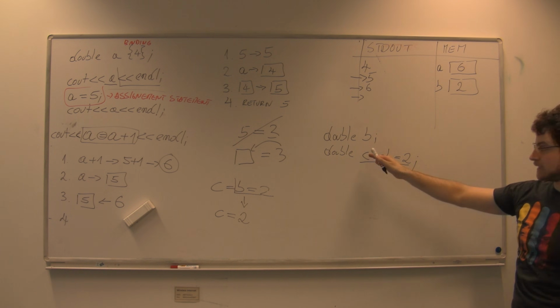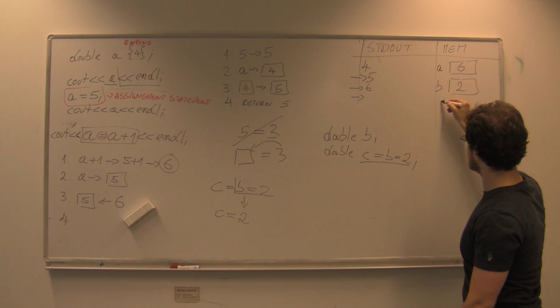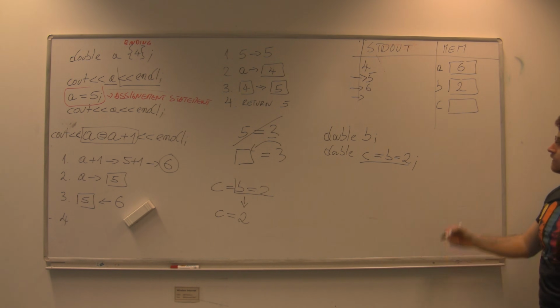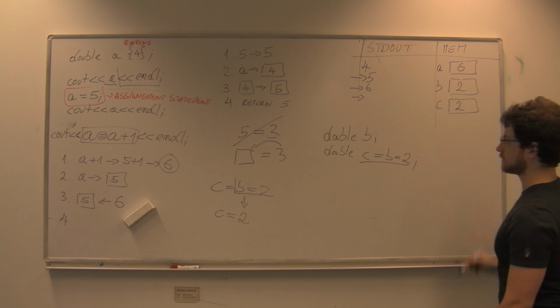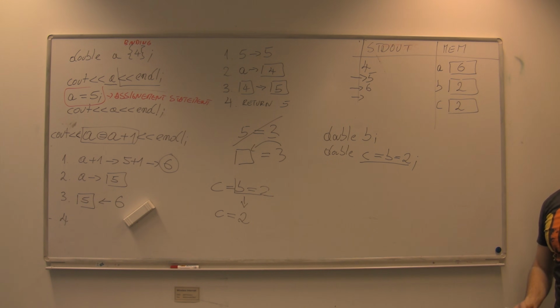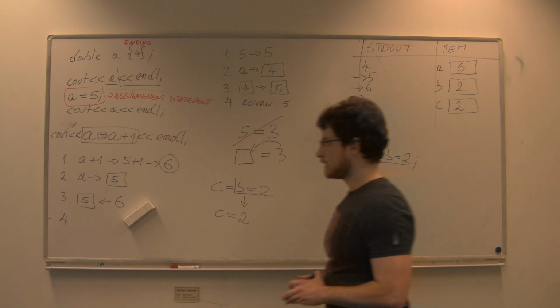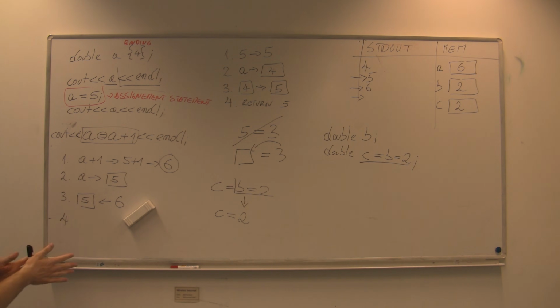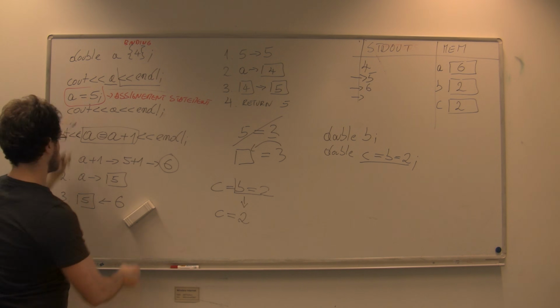Before we can do this, we need to introduce c, associate a box with it, and then write the number 2 as its content.